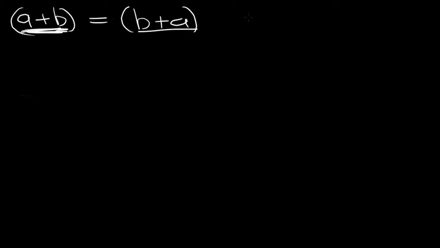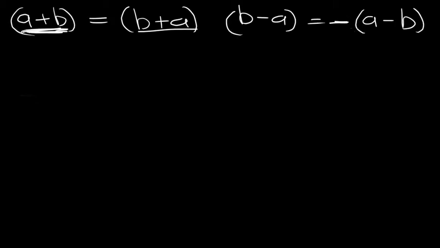The difficult thing comes in when you need to change this around. Let's say you have b minus a and you need to get it to a minus b. In this case, you need to take out a minus, and the reason for that is that you had a minus in front of the a to start with, but now you have a plus there, and then you had a plus in front of the b, and now the negative is in front of the b.